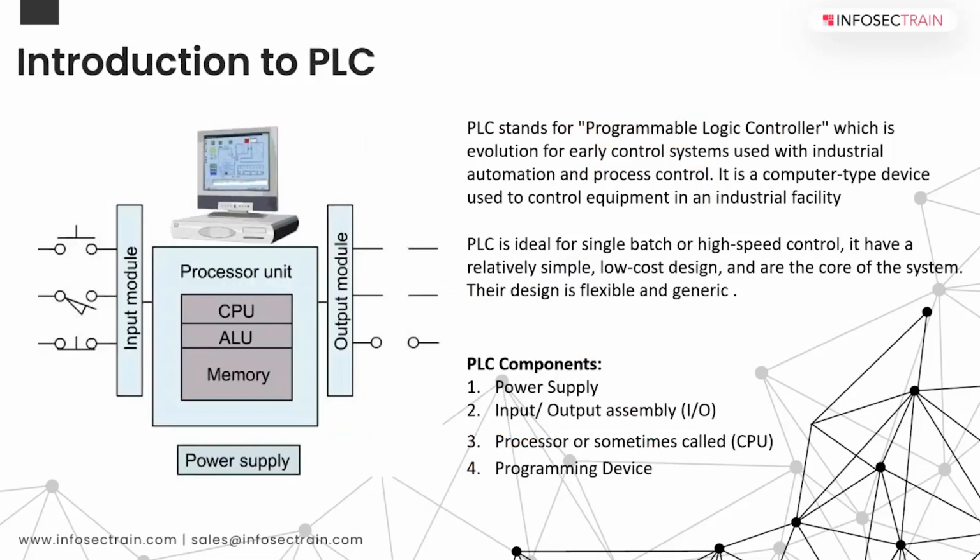The one you see now is a basic model for a PLC or programmable logic controller. If you see, there's a power supply here, 24 volts DC or 120 volts AC, and there is an input module, there is an output module. Basically, inputs carry signals from the process into the controller. They can be input switches, sensors, transmitters, and so on.